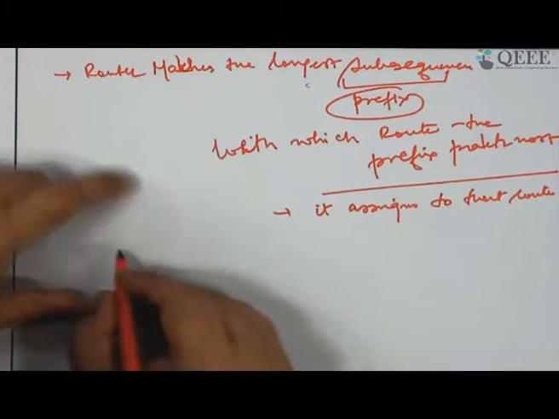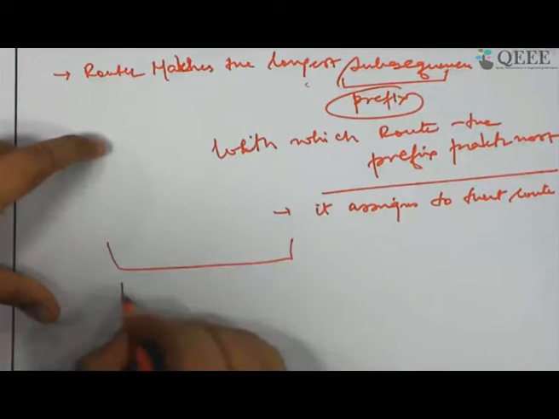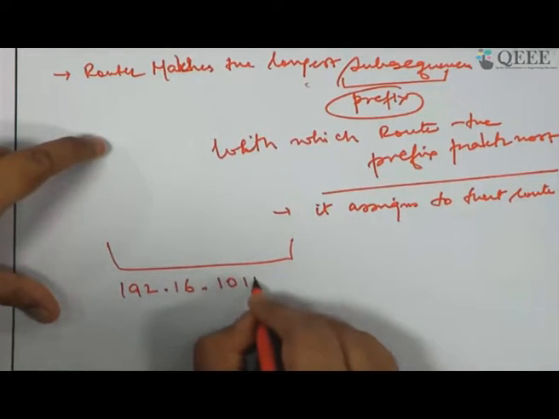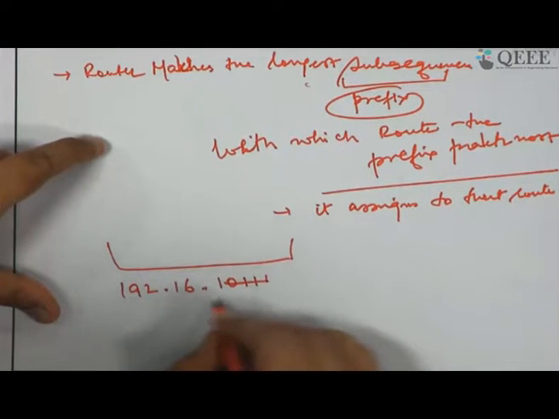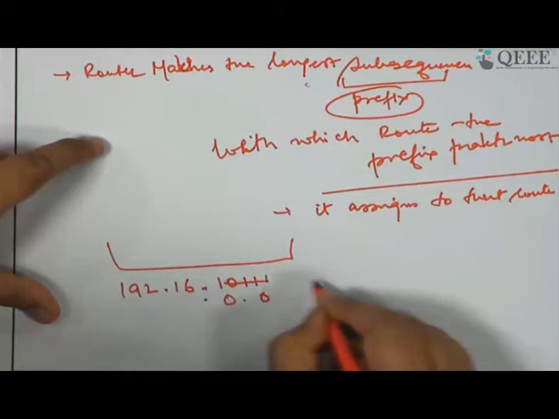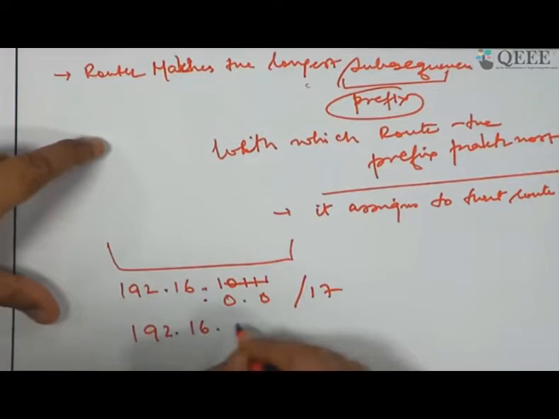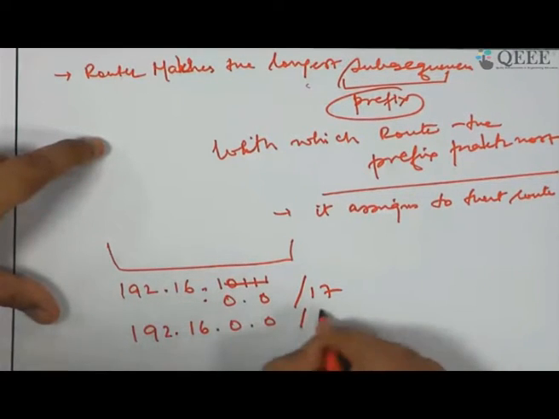So say you have 192.16.0.0/17 and you have 192.16.0.0/16.